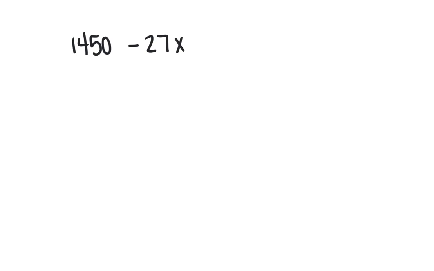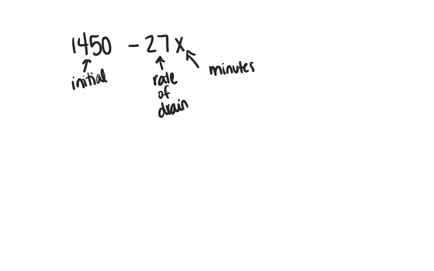And so we need to do a minus. But it's very similar. This is the initial amount of water. This is the rate of draining. And the X will be the number of minutes. And then how much water is in the tank after 12 minutes? You can plug in 12 for that.